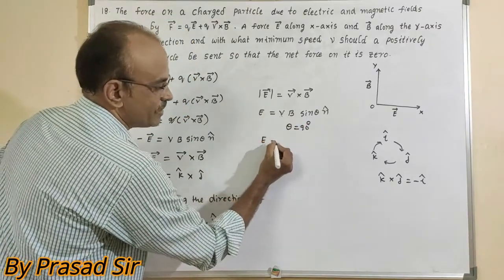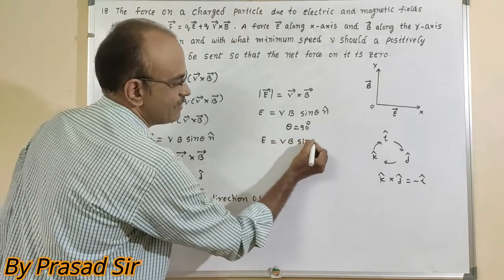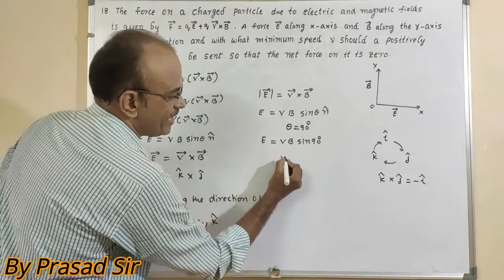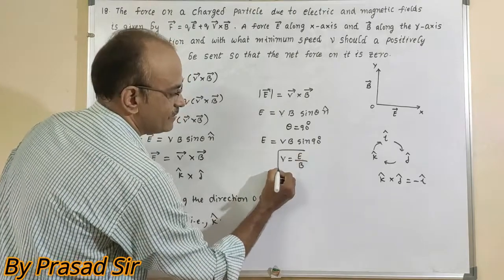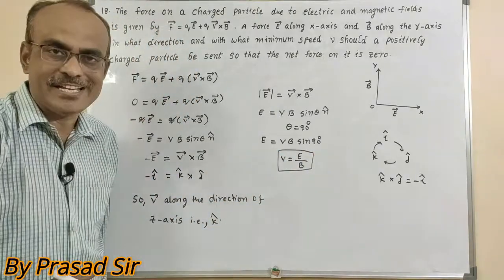Now substitute: E is equal to V into B sine 90 degrees. So the required V is equal to E by B. This is the solution for question number 18.